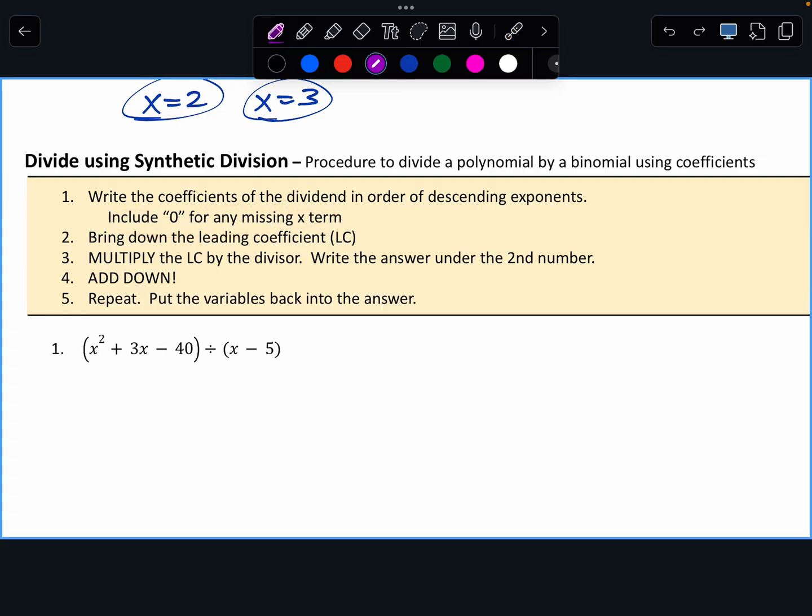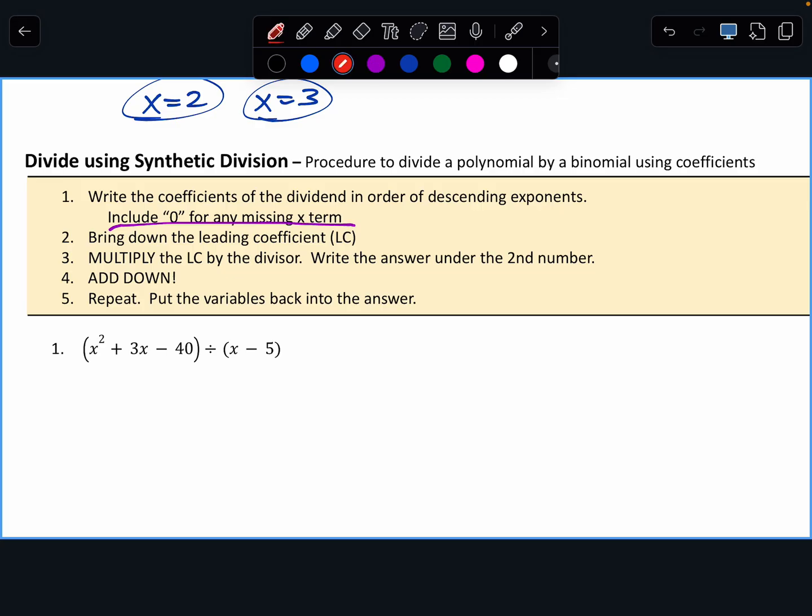That's really important, including 0 for any missing terms. So it has to go in order, like x squared, x, then the constant. Then you bring down the first leading coefficient, multiply by the divisor, which we'll talk about in a second, and then add down. Then repeat that step until you've brought down all of them. We're looking for that last number.